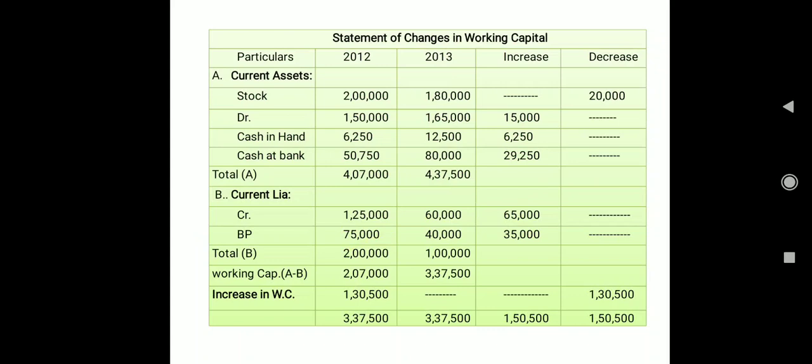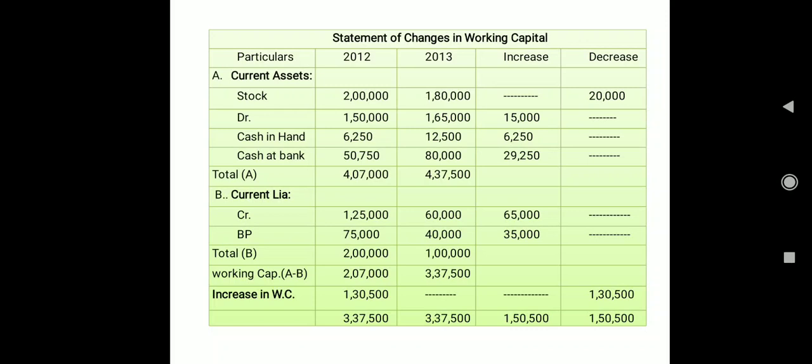Now all the current assets are over, so we just need to make the total in the year columns. Total in 2012 we have 4,07,000, in 2013 we have 4,37,500. Now coming towards current liabilities, in the question we have checked that we have 2 current liabilities: one is creditors and another is bills payable.